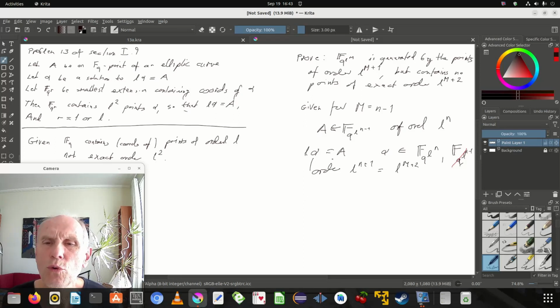But then we have to prove that this extension field contains no points of order n plus 2.